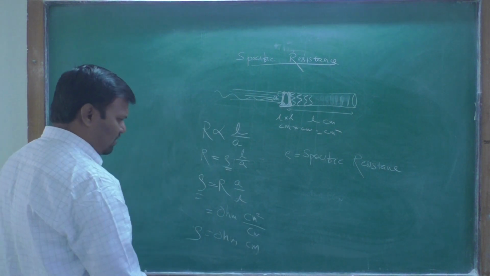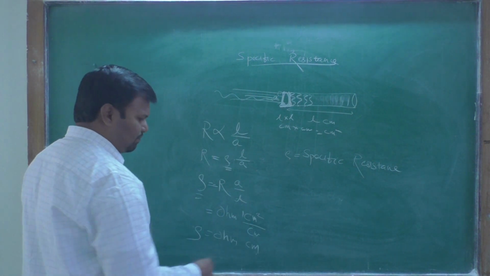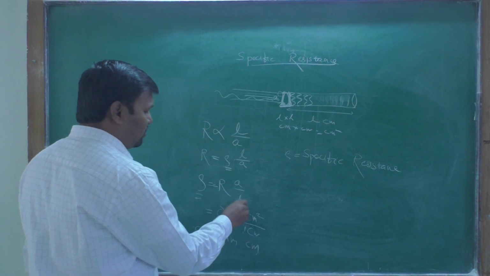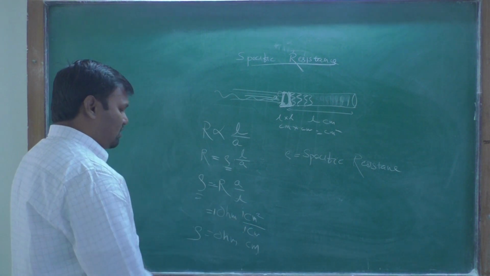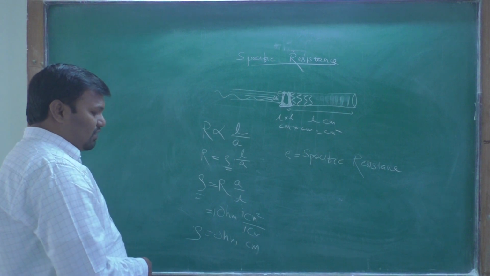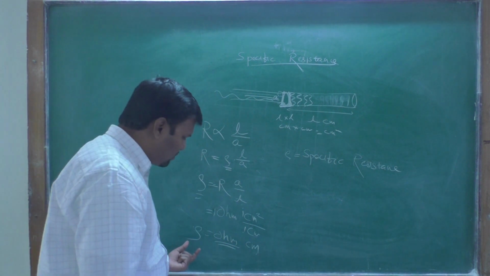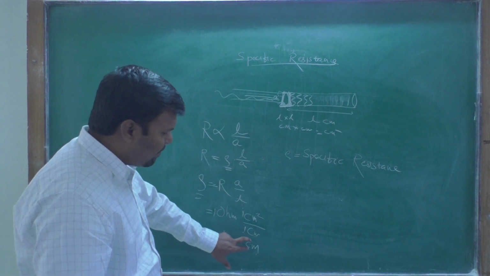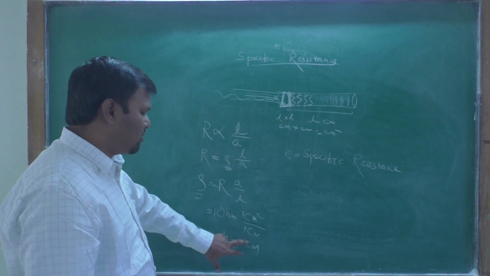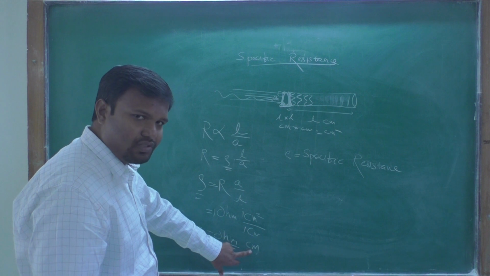The specific resistance rho is the resistance for a 1 centimeter length with a cross-sectional area of 1 centimeter square.